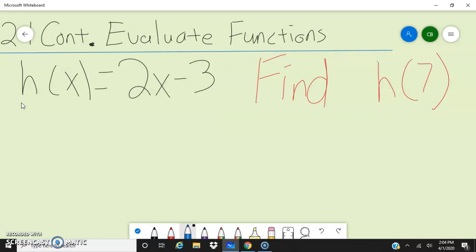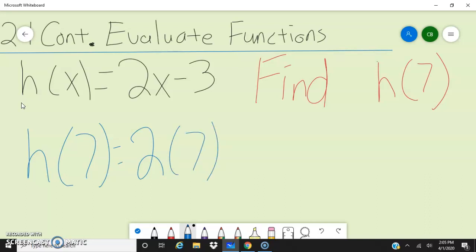Here's how we're going to do that. h of 7 equals 2x. Well, we know x, we're plugging in a 7, minus 3.